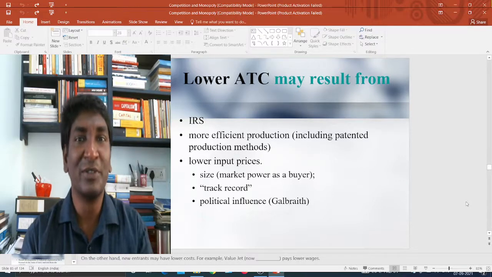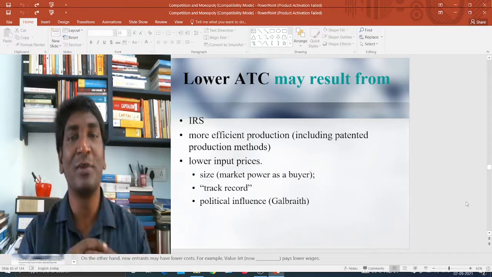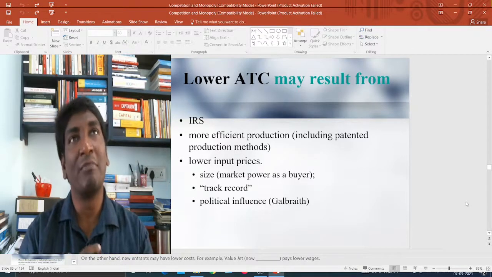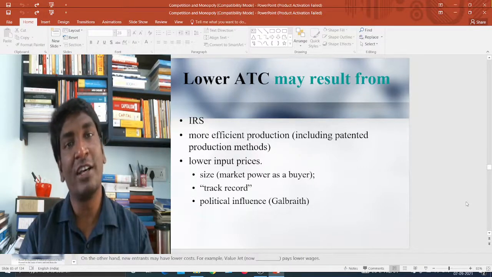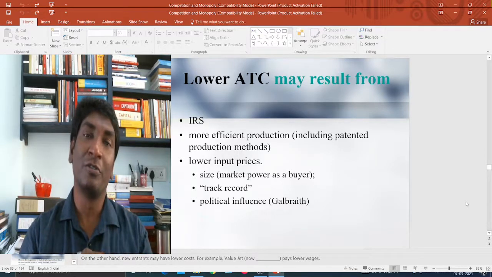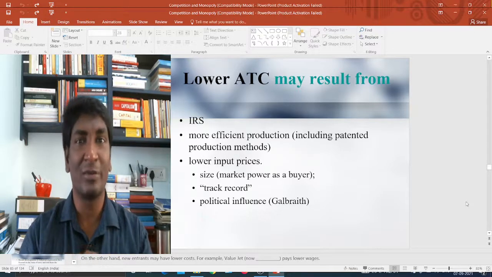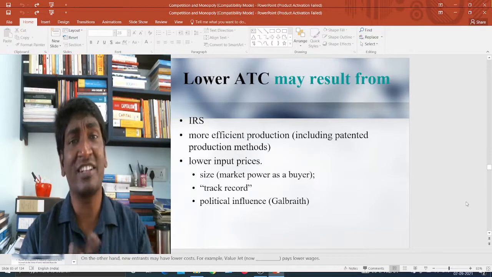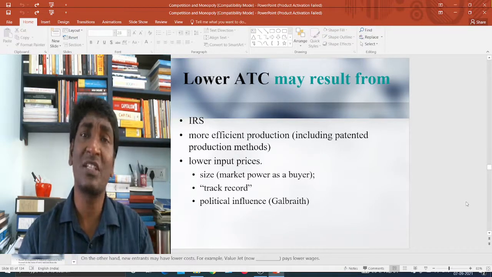That's a problem. Once you don't have this possibility of a decreasing cost case, then naturally you produce at a constant cost, because that is what the perfect competition assumption says.